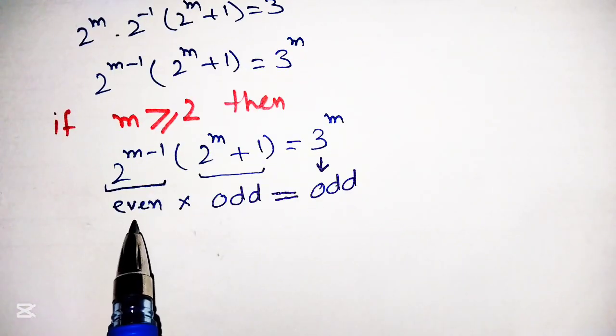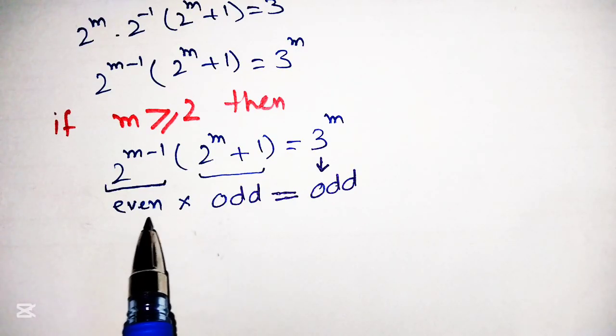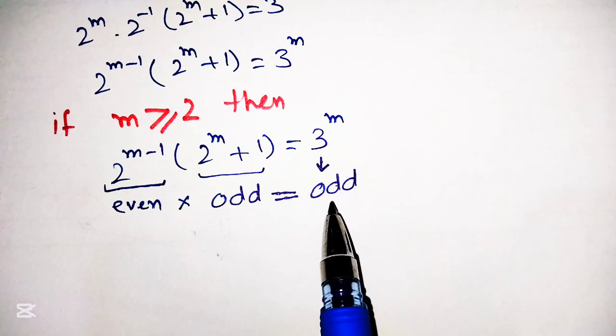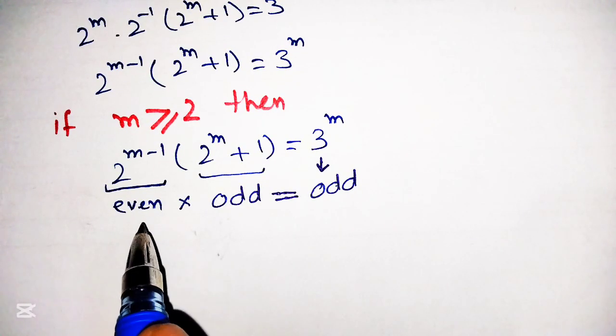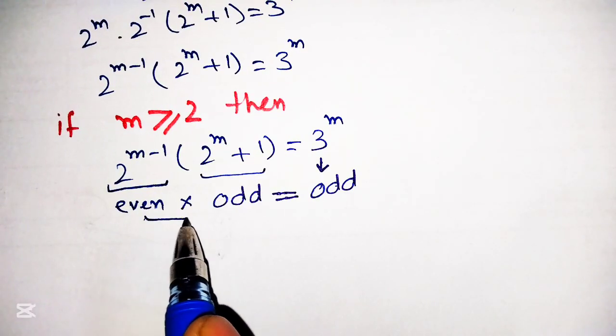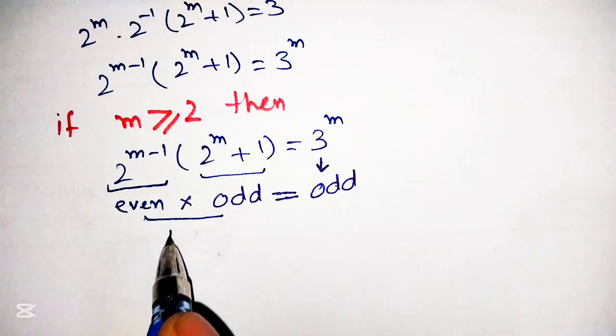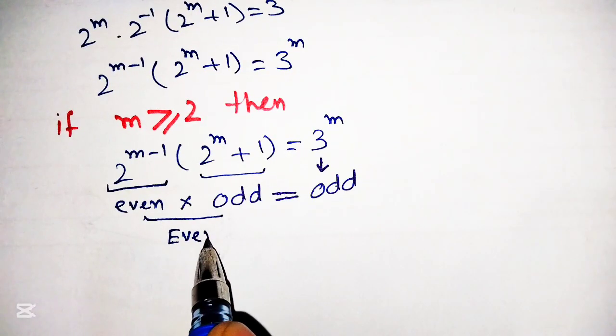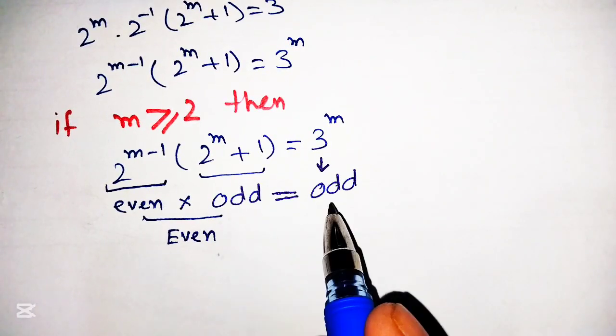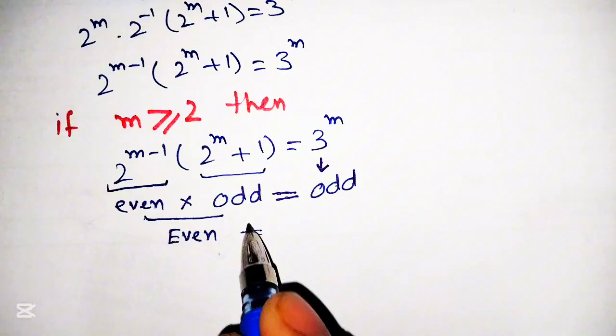It shows that the product of an even number and an odd number is equal to an odd number, but actually the product of an even number and an odd number is always even. It is always even, so it can never be equal to odd.